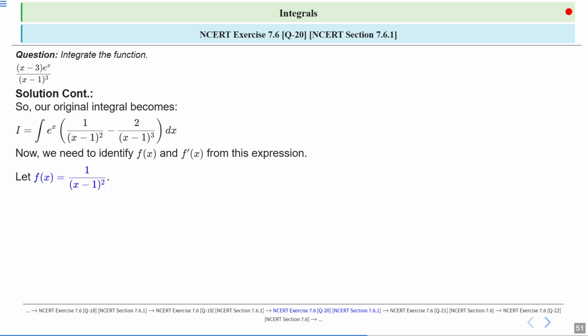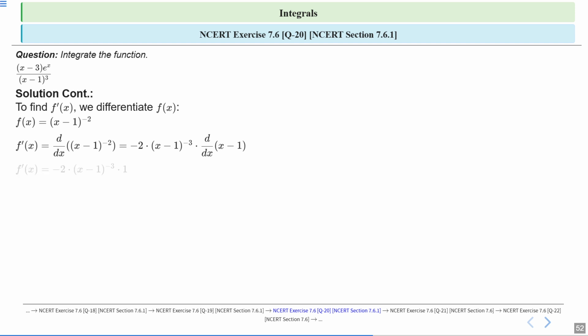So to identify f(x) and f'(x), we apply the property of differentiation. So when we differentiate 1 by x minus 1 whole square with respect to x, we get x minus 1 to the power minus 2. Apply the property of differentiation of x^n.